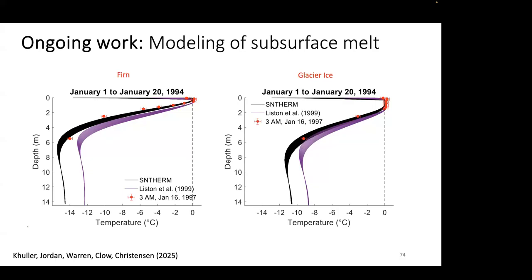I'd be interested to extend models like that, where you've got a little bit of melting just below the surface, into the seismic properties, physical properties, and so on, and see whether there might actually be some evidence of that in any of our field data.